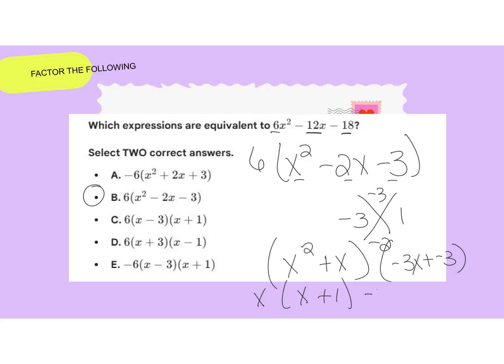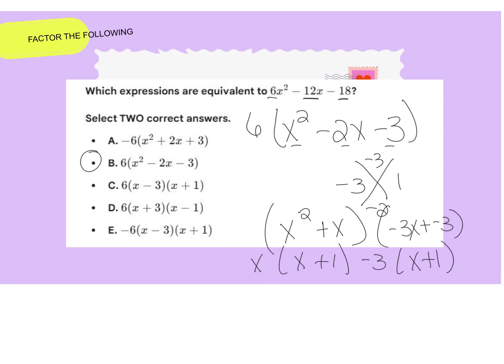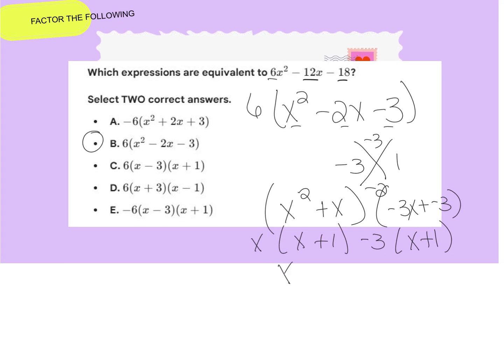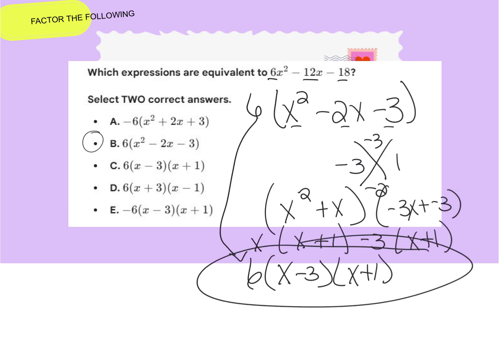I will take a -3, and I'm left with x plus 1. So one of my factors is x minus 3. The other factor is x plus 1. And then remember, at the very beginning, I took out this 6. There is my other factor.